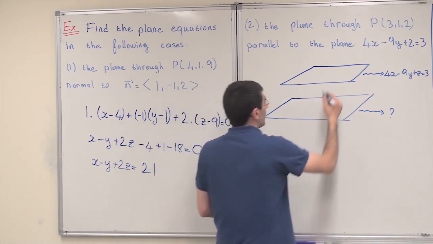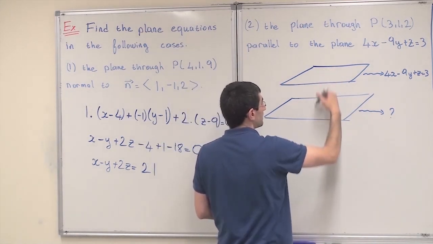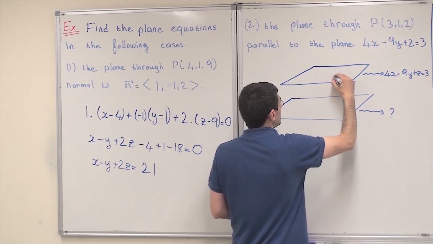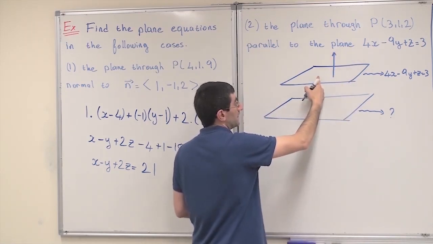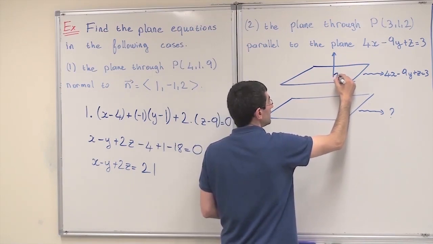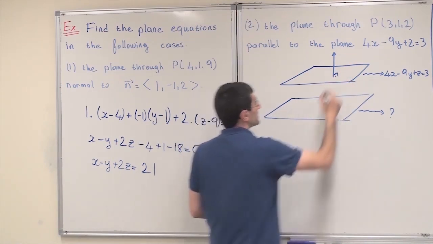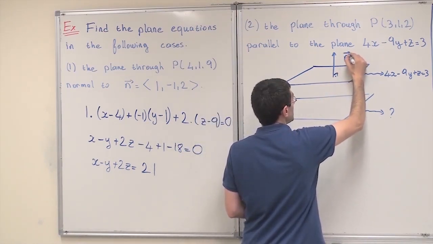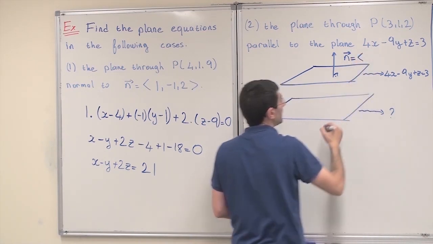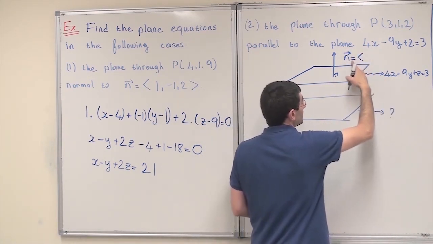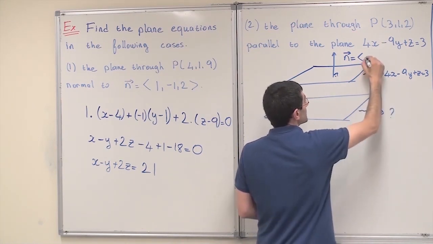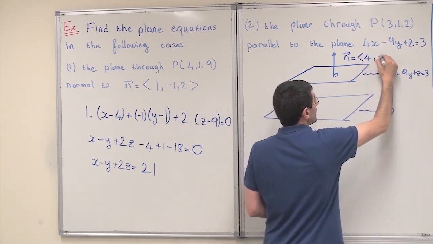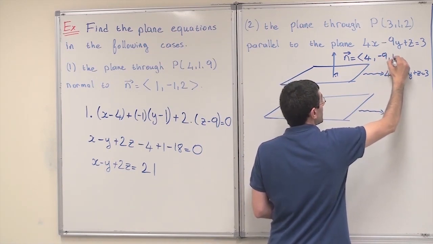What we know is that these two planes are parallel, and from the equation of this plane, I can find its normal vector. That normal vector's components are the coefficients of the variables. So it is (4, -9, 1).